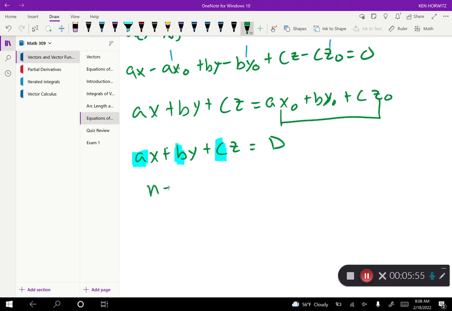Our normal vector was A, B, and C. So it's right in the equation. Now, another question I'd like to ask is, if I had two vectors in a plane, could I find the normal vector to both of those two vectors? The answer is yes. I would use the cross product. So those are two things to keep in mind because, like I said, as I vary the information, keeping that in mind is going to be really, really helpful.